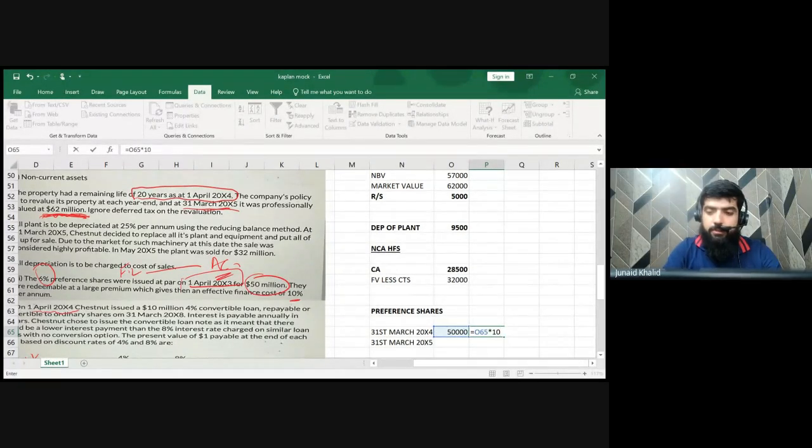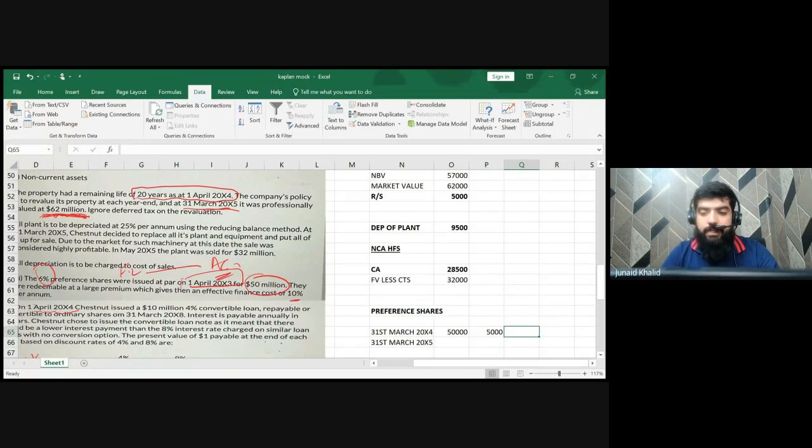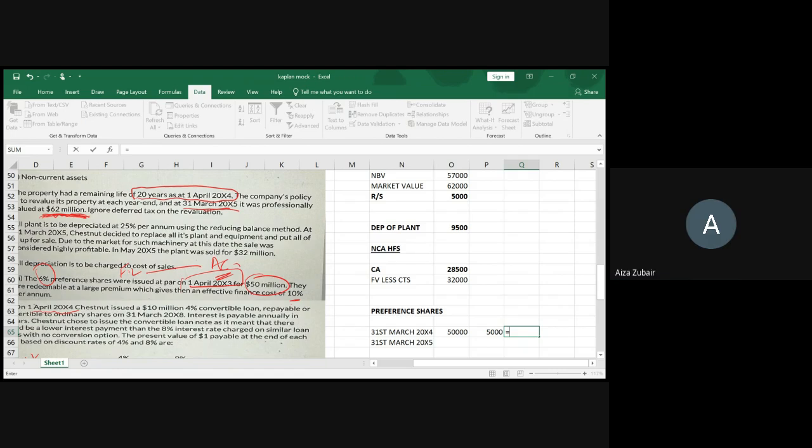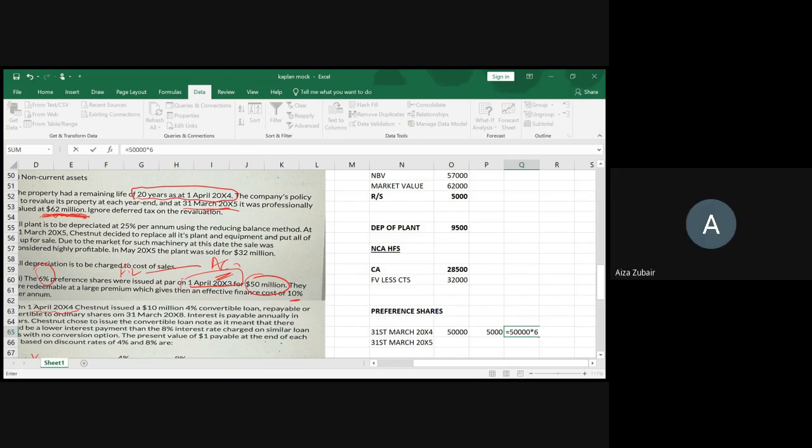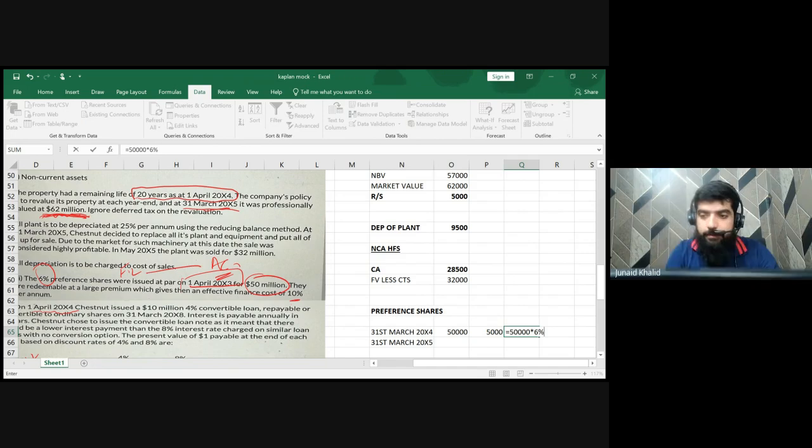So it will be 10%. Then we are going to deduct what? The coupon rate. The coupon is 50,000 times 6%. So for 50,000, plus 5,000 and minus 3,000.